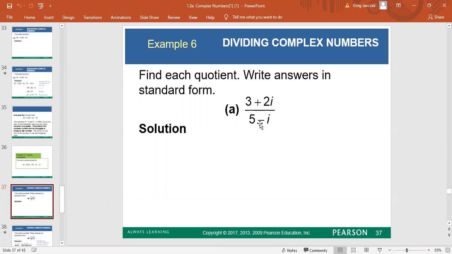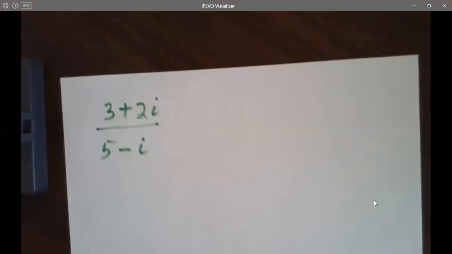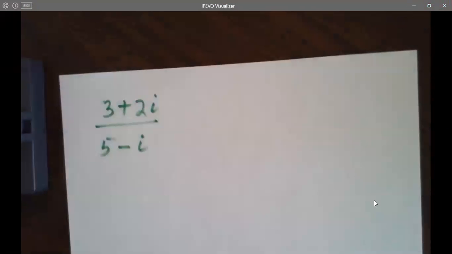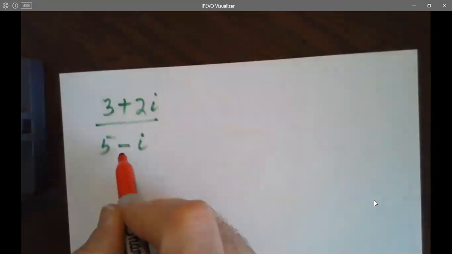So write answers in standard form. So we've got 3 plus 2i over 5 minus 1i. Okay, so here's our board or our sheet.